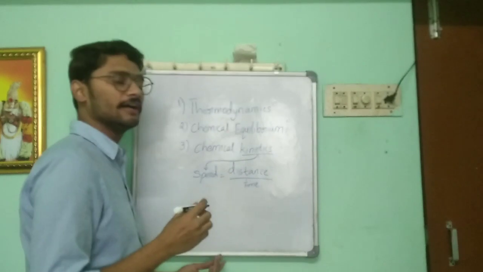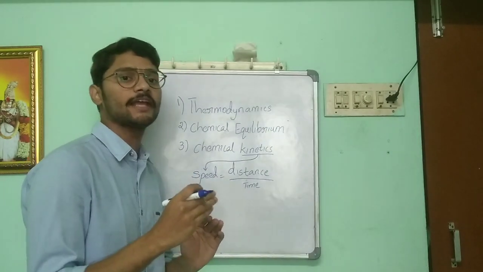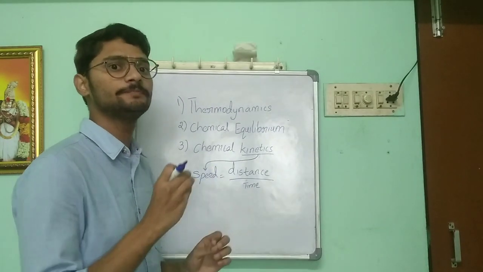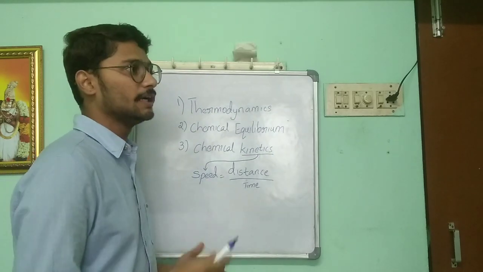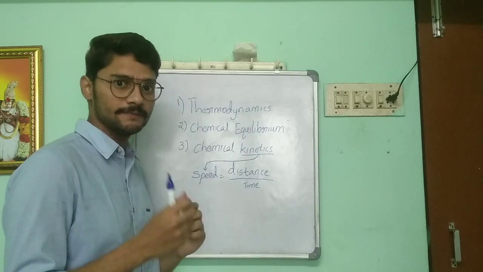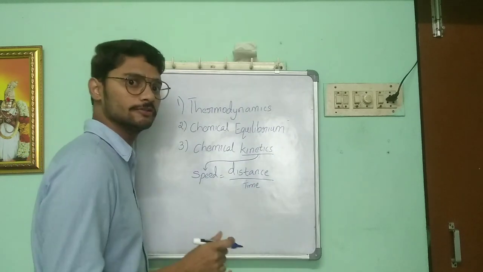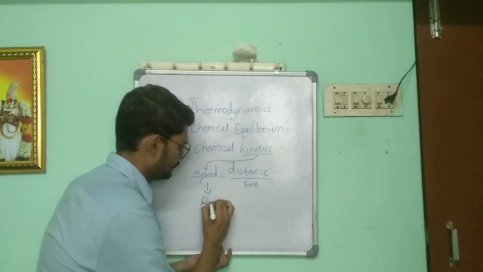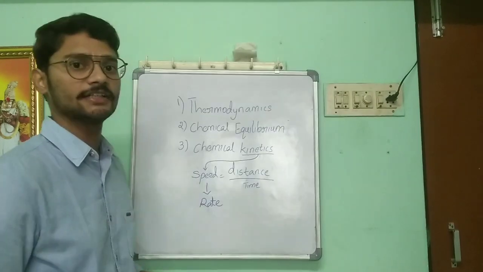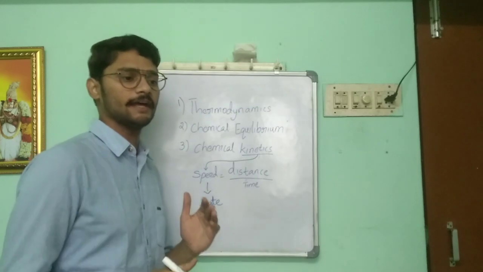And if you ask me whether there is any term in chemistry which specifically represents speed, since speed is a physics concept, yes, in chemistry also there is a specific term for speed, which we call rate. Rate of the reaction. Speed is nothing but the rate of the reaction.